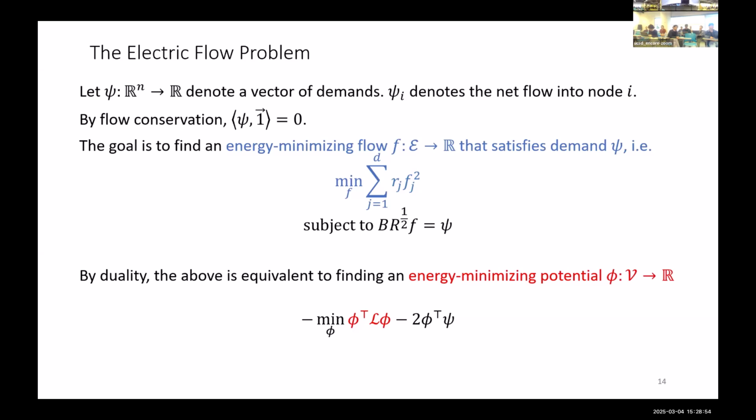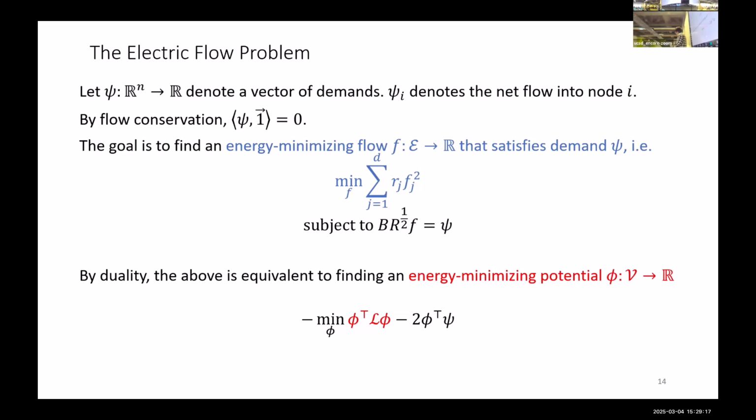Very conveniently, there's a dual formulation of this electric flow problem. The primal problem is to find the electric flow, which is an assignment of flow values to edges. And there is a dual problem, which is assigning potentials to vertices. So we want a potential assignment phi, which maps each vertex to its electric potential.